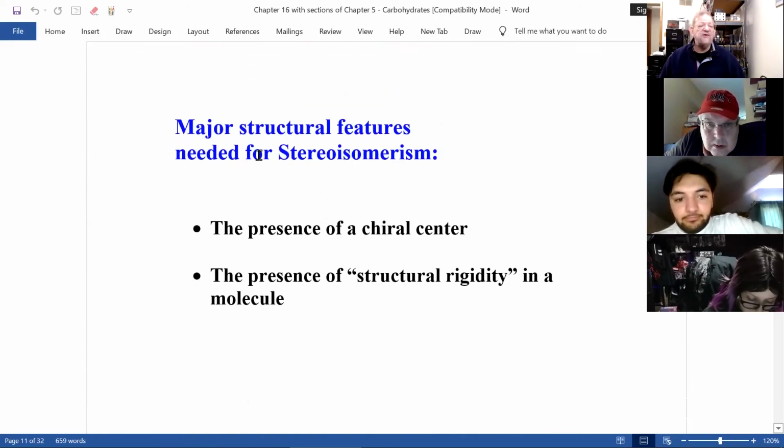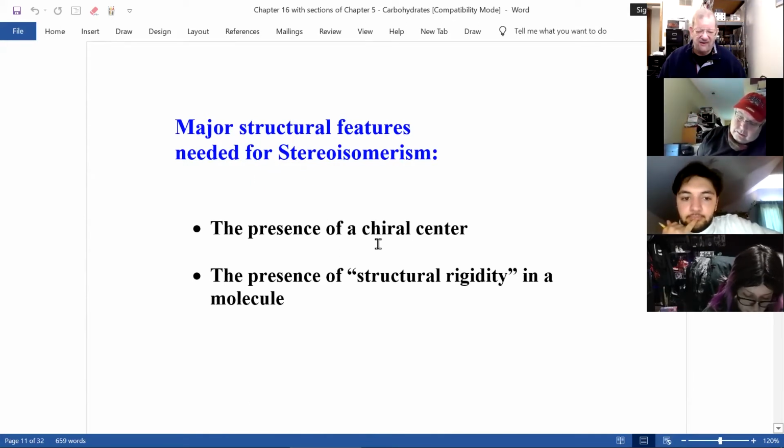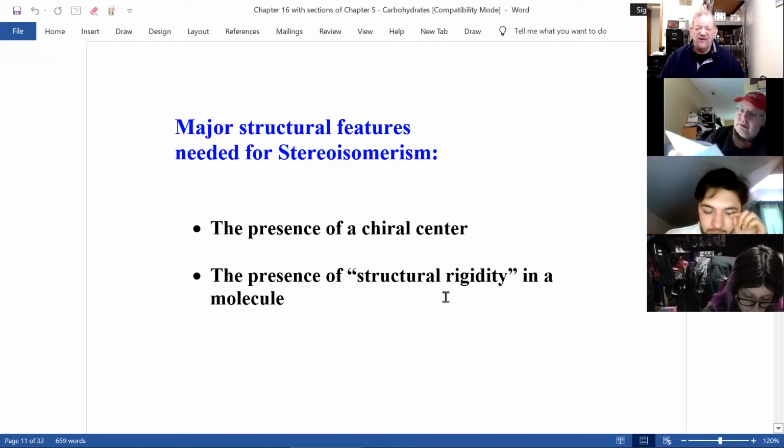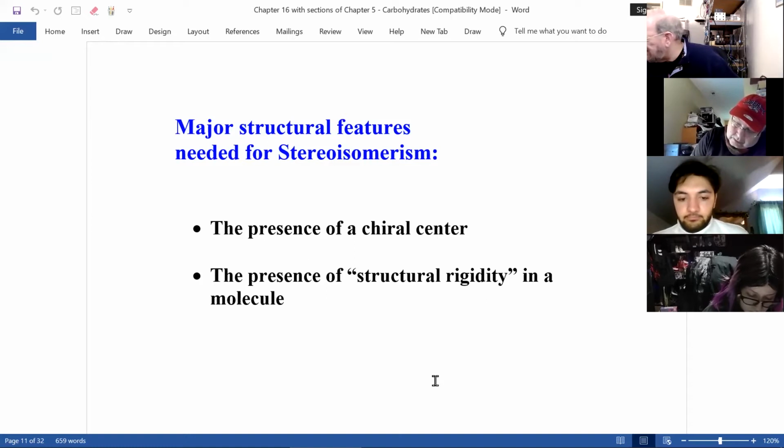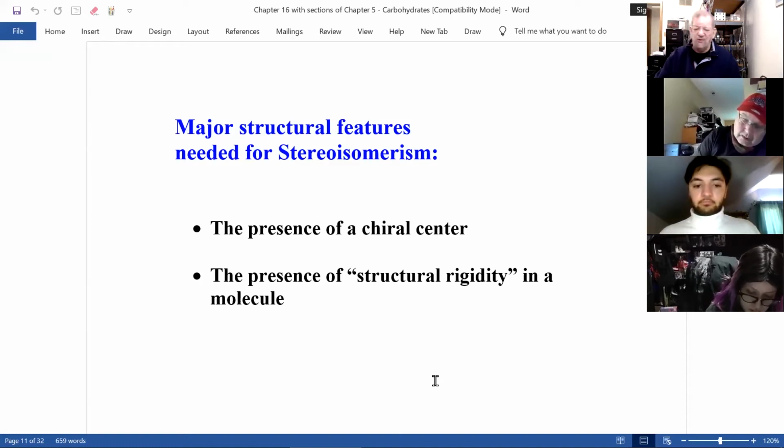Now, for stereoisomers, a major feature is a chiral center. And that's because you have a rigid structure. Nitrogen, if you look at a quaternary ammonium salt, again, I'm never going to ask you what are the major features of stereoisomerism, but have you ever had an umbrella and you're in a rainstorm and it flips?